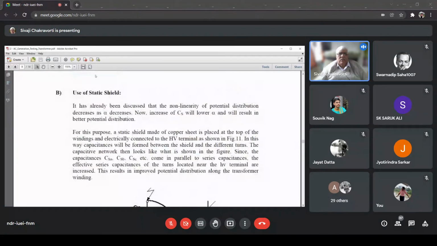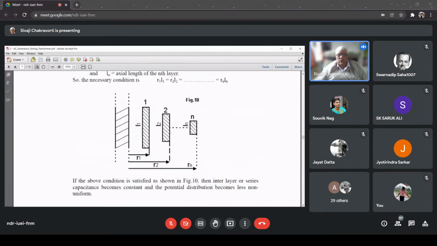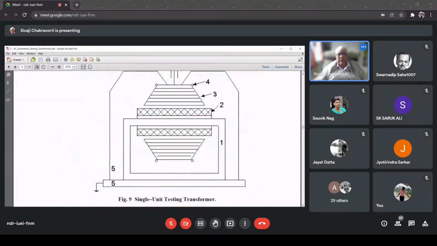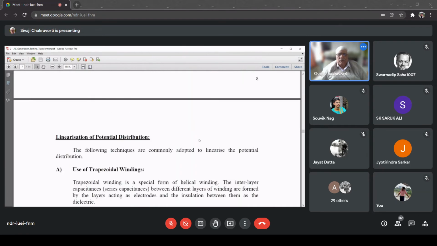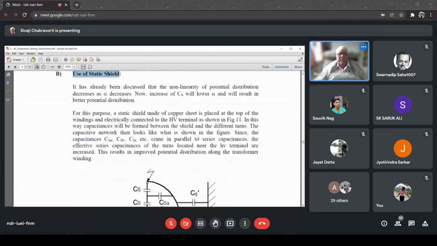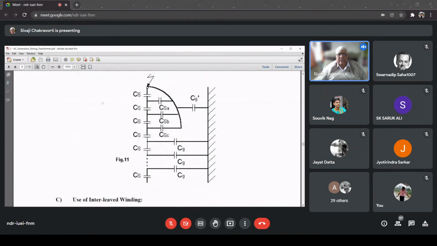Then there is something called the use of a static shield, which I already showed you here, number 4. A static shield is used at the top of the winding, not at the ground side, but at the live side. How it works, let me again explain. It is something like this.